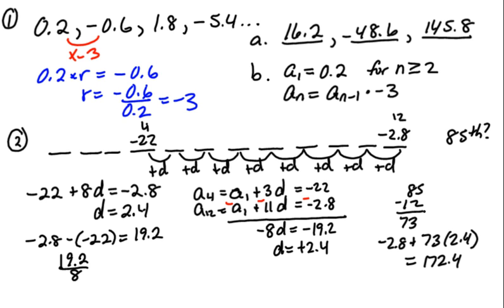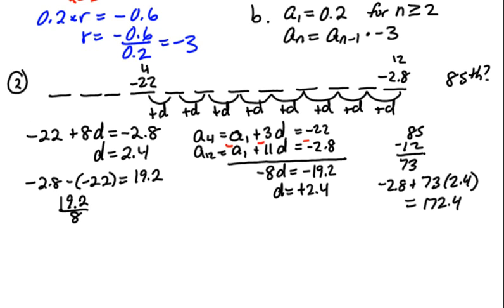And that would get me to the 85th term, which happens to be 172.4. Or if you're thinking, hey, I know how to do it if I can get to the first term. If I knew what the first term was, then I know that I could add d 84 times to get to the 85th term. So you could count backwards, minus d, minus d, minus d.